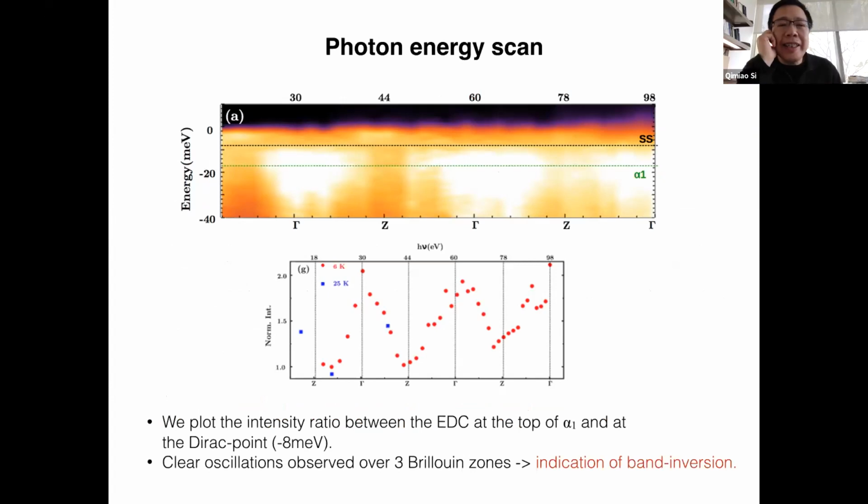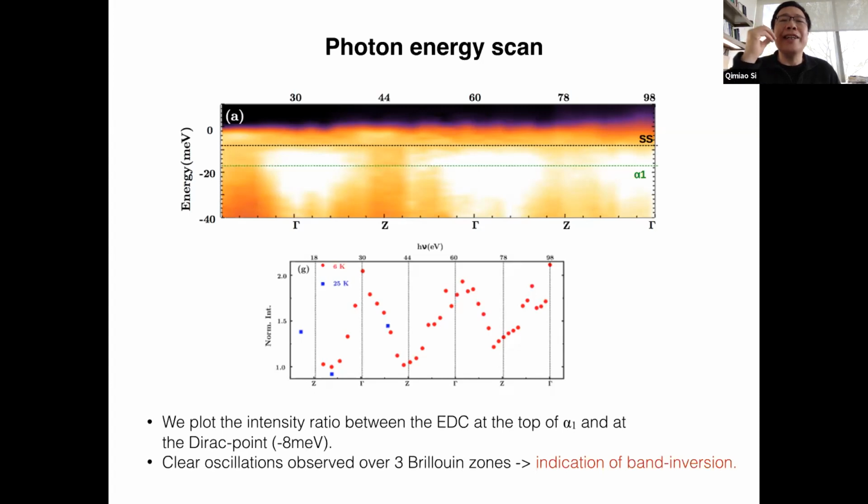Could I just add something along this direction? During the symposium, there was a talk by Pen Zhang, who used to be at IOP, now in Tokyo. I had the impression that he was also saying that in the iron selenium thorium case, as opposed to the lithium 111 case, what is seen in the bulk spectrum from gamma to Z is quite flat.